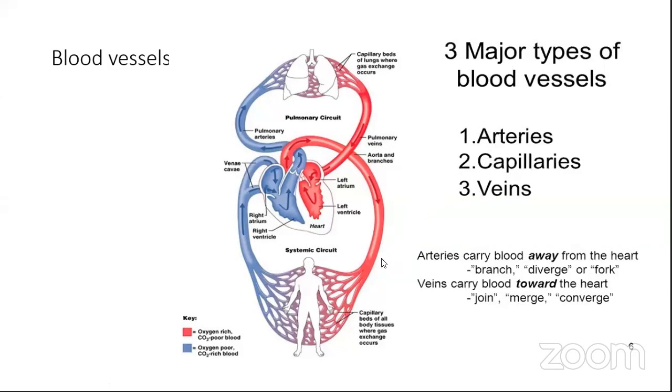The next slide I'll show you. Next, arterioles, and they branch out to the capillaries. At this level only, the blood exchange, I mean carbon dioxide and oxygen exchange, takes place.